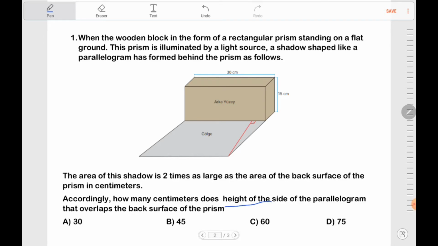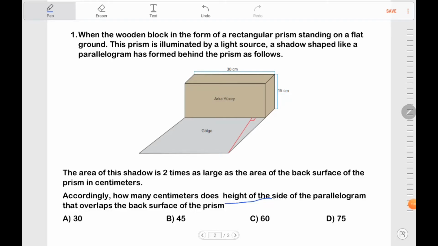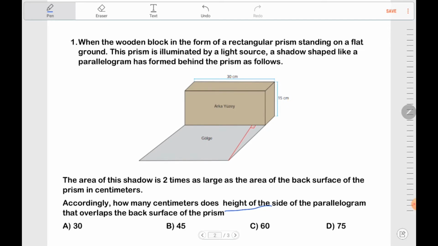Well, look at the picture. As you realize, the length of the back surface of the prism is 30 centimeters. Well, this is 30 centimeters too. The question asks for the height of the side of the parallelogram that overlaps the back surface of the prism.